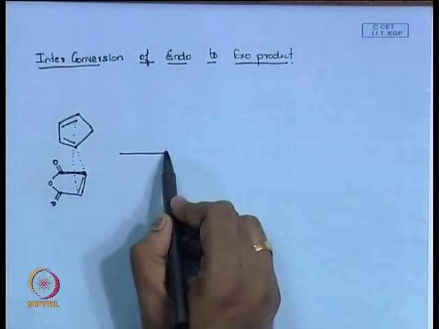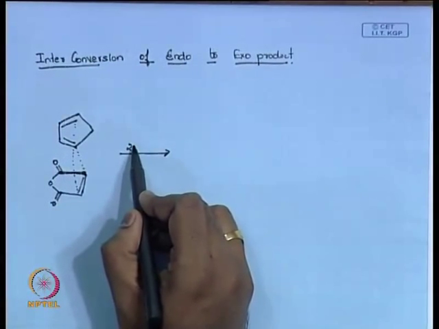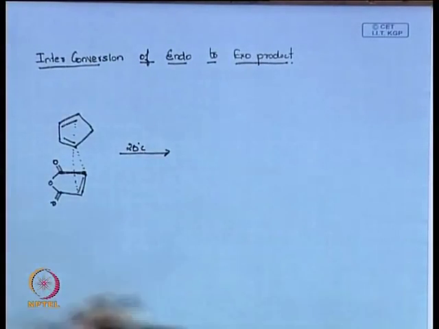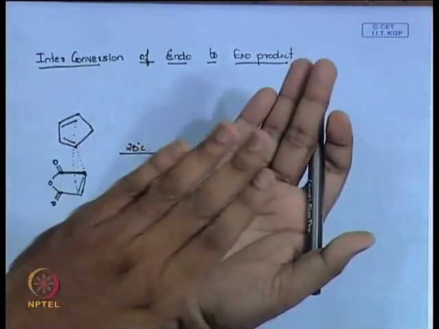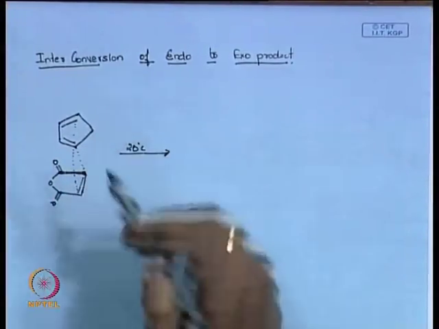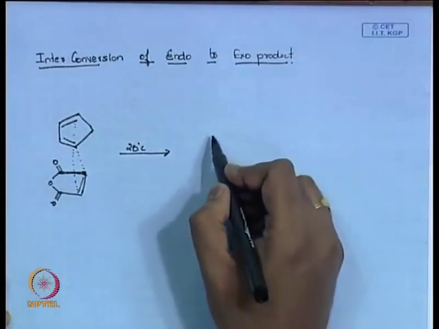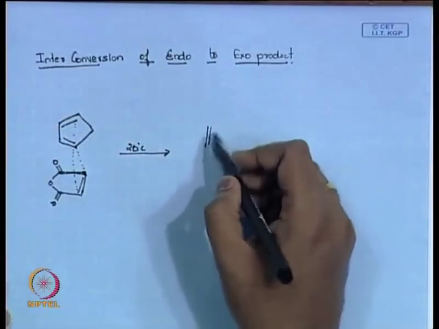If you do this reaction at 20 degrees Celsius, like you have a bonding here and a bonding here, what product can you really think about?